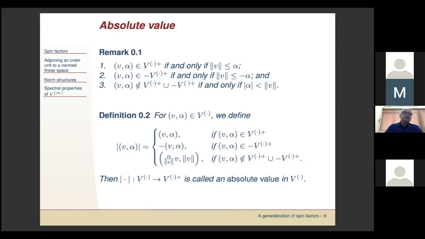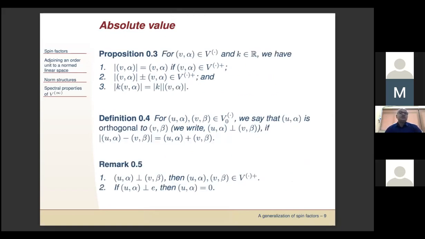And for the third pair, where it's neither positive nor negative, the definition becomes non-trivial, and we define mod of (V, alpha) to be mod alpha divided by norm V times (V, norm of V). Then this modulus will be called the absolute value in V dot.